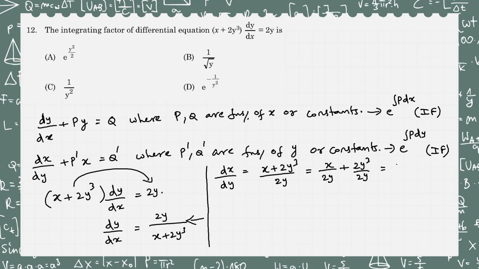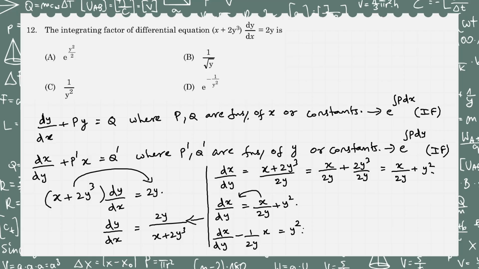And this can be written as x by 2y plus 2, and one of the y's will cancel, so we have y square. So finally we have dx by dy equals x by 2y plus y square. This has to go to the left side. So we can write dx by dy minus 1 by 2y x equals y square.